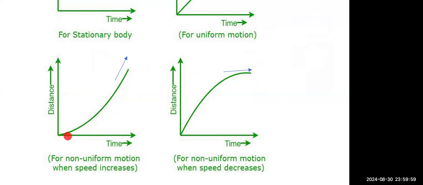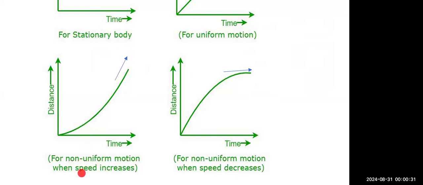You can check at the start of the time, the distance is a little bit low, but from this side the curve is getting steeper and steeper. It means it is moving in that direction. I have mentioned the direction of the graph. It means it is moving in the upward direction. So the body is moving with increasing speed.